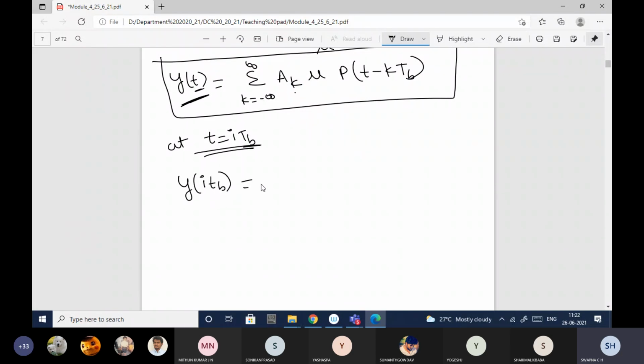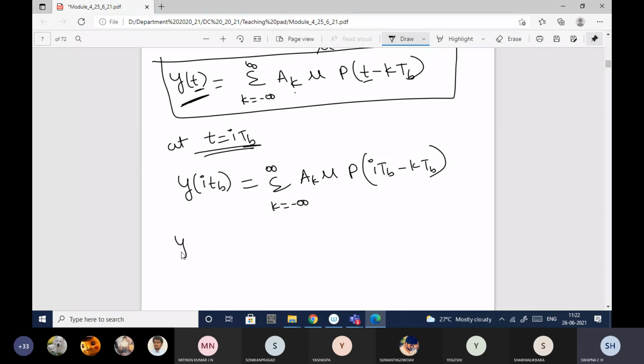Y of iTb is equal to the summation, wherever I have t, I'll replace it with iTb. Summation k equal to minus infinity to plus infinity, ak into mu, anyway these are constants, P of t, in place of t I'll replace it with iTb minus kTb.